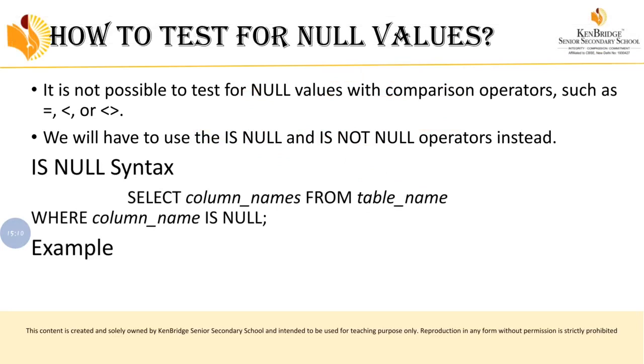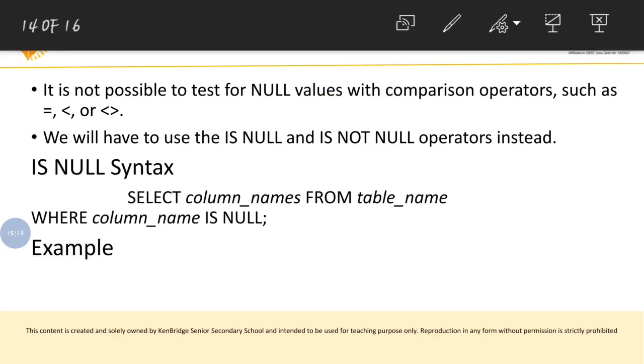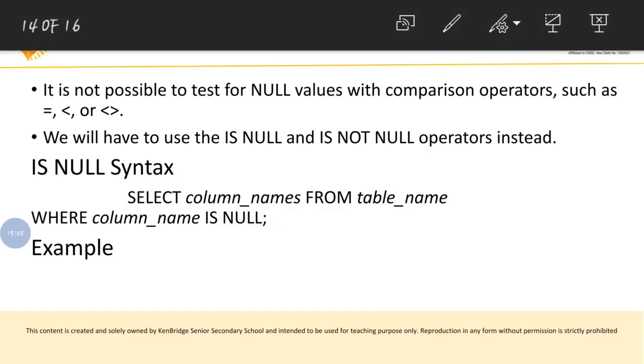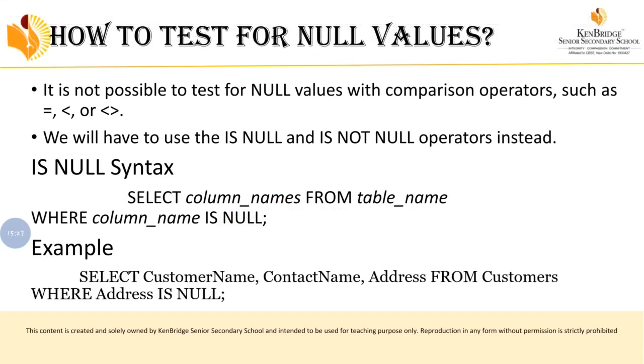First we are going to see the IS NULL syntax. The IS NULL syntax is: SELECT column_name FROM table_name WHERE column_name IS NULL. Whether it is null or not, that we are going to check. I have given an example. Just look here: SELECT customer name, contact name, address FROM customer table WHERE address IS NULL.